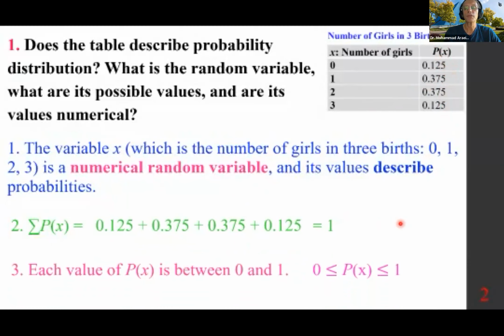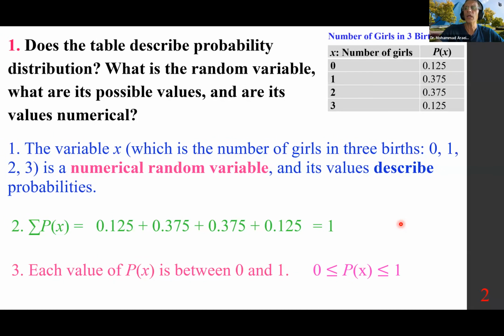Now, a couple of things I want to point out. Number one, each one must be between 0 and 1. If any of them is negative or beyond the two numbers, this is not representing a probability distribution. The sum must be 1.